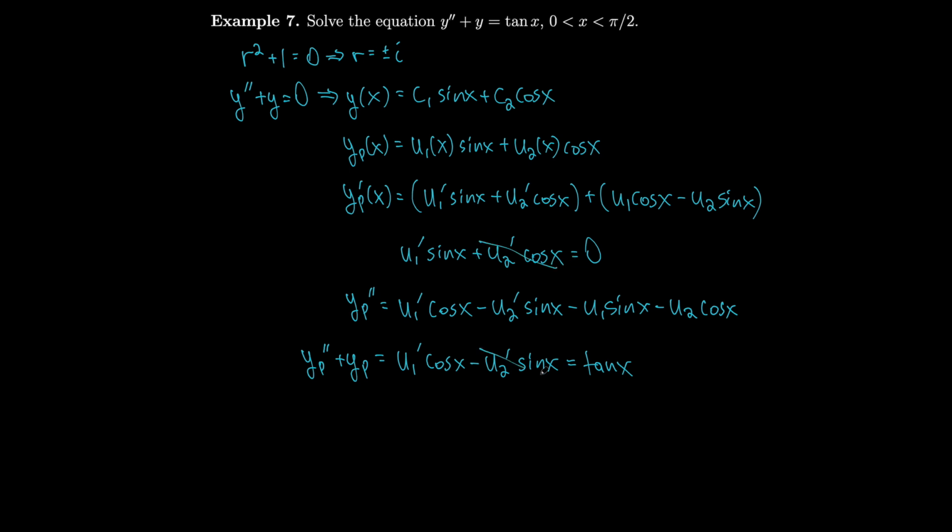So these will cancel when we add them together. So when we add together the bottom one multiplied by cosine, the top one multiplied by sine, we get u1 prime times sine squared plus cosine squared equals cosine times tangent.